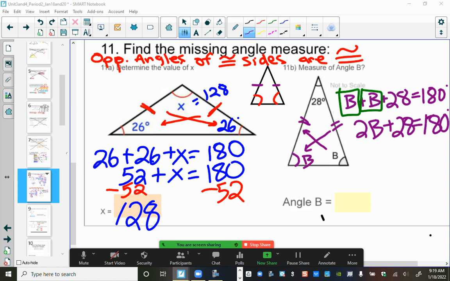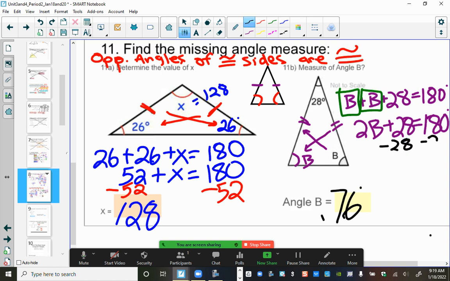Okay, did anybody get a value of B? 76. Okay. In the end, there are going to be problems we need to know how to do.